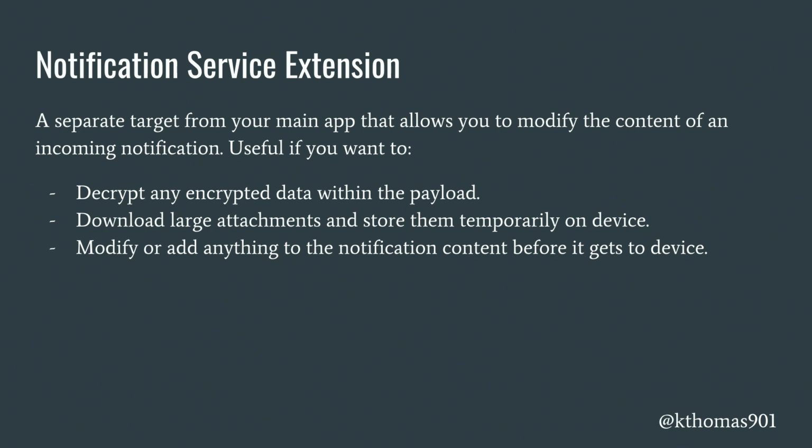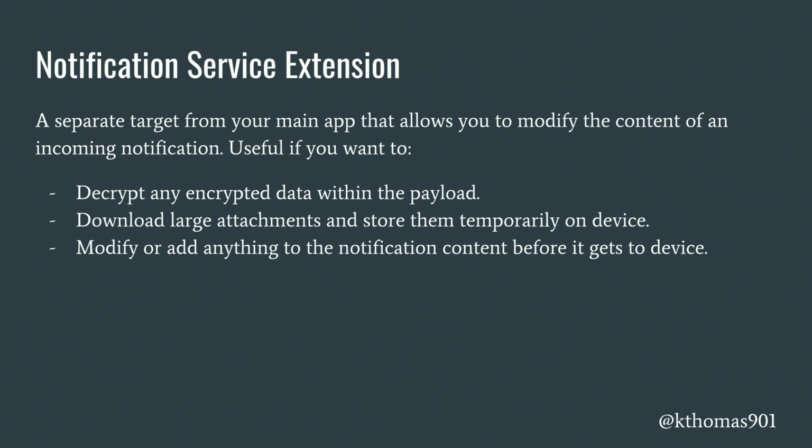If you also have any large attachments in your notification, for example, images, videos, audio, you can then download those attachments and store them temporarily. And then in general, if there's any content that you want to just modify, you can do that. And this allows you to basically just modify anything before it actually gets to the device.